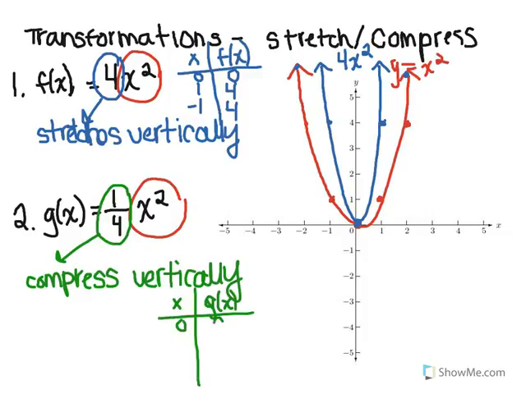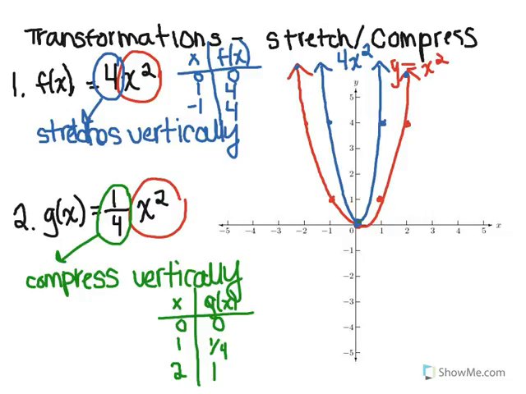If you plug in 0, we still get 0 as the output. If we plug in 1, we get 1 squared times 1/4, so our output is 1/4. Now I'm going to plug in 2. 2 squared is 4 times 1/4, which is 1. And we get the same outputs if we plug in negative 1 and negative 2.